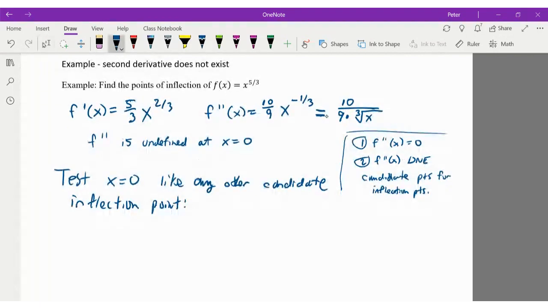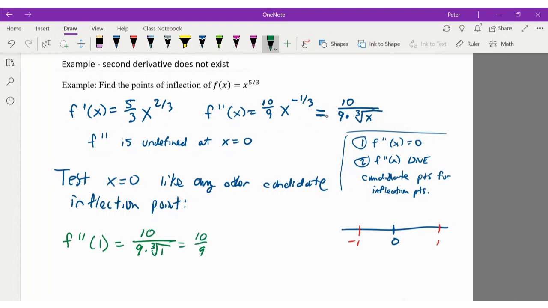So let's just pick arbitrary points on either side, and we'll just calculate. f prime prime of 1 is going to be 10 over 9 times the cube root of 1, which is 10/9, and f prime prime of -1 is 10 over 9 times cube root of -1, which is -10 over 9.